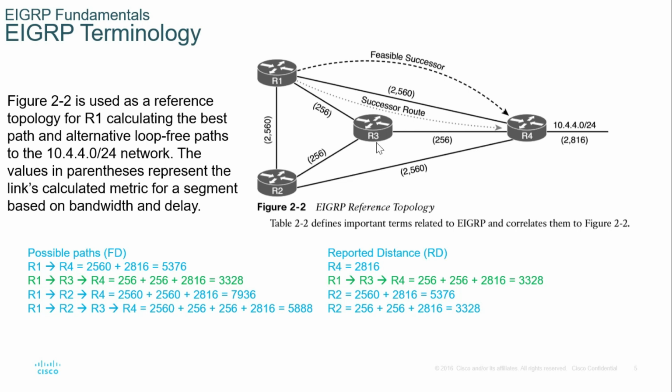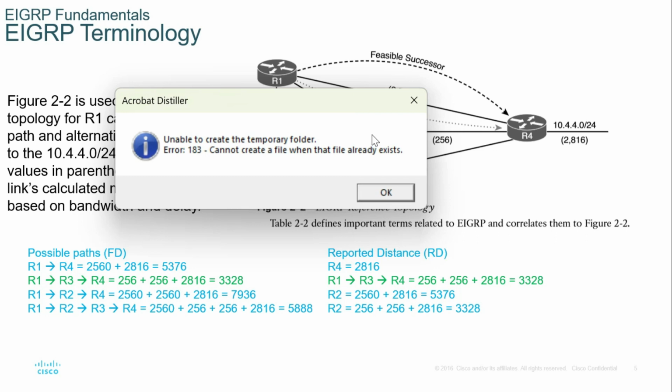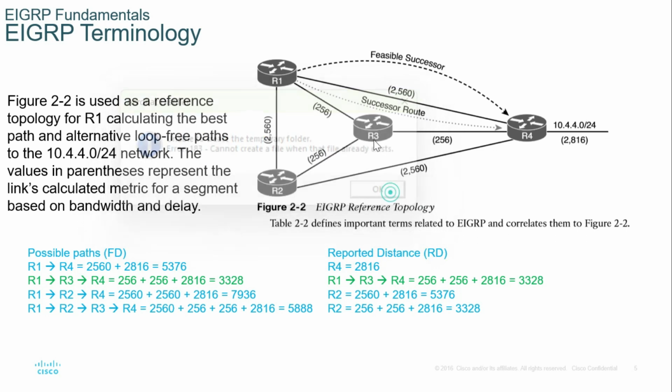Daripada R3 will report a distance of inilah, 256 plus 2816. Tetapi this is already the successor route. R3 is selected as the successor for the best path lah, dipanggil successor route. Then dia akan consider pula what is the reported distance daripada R2.